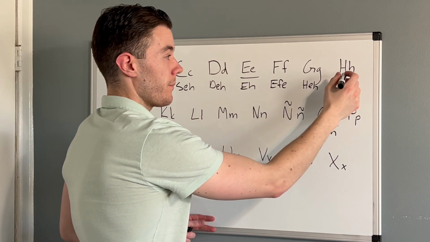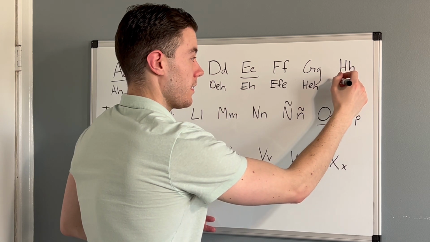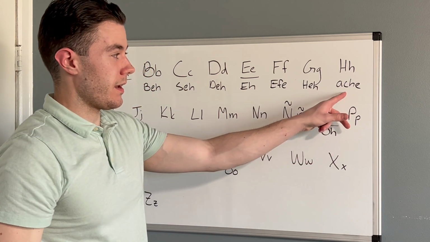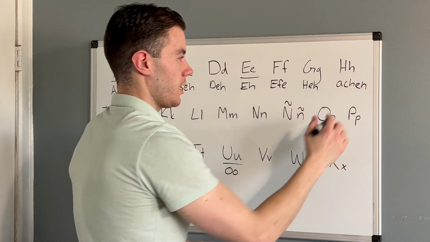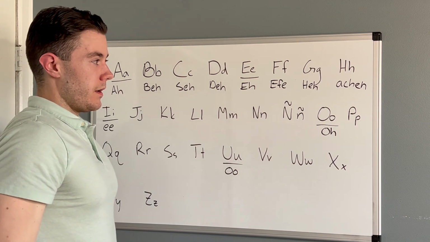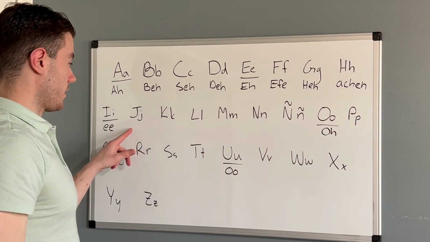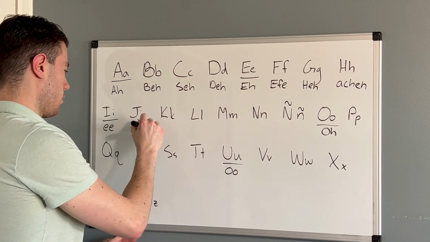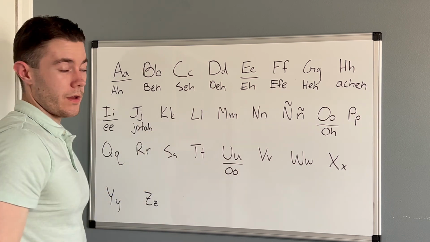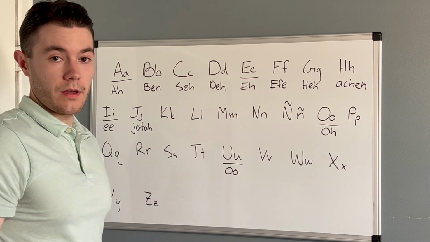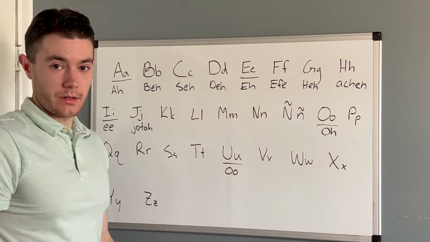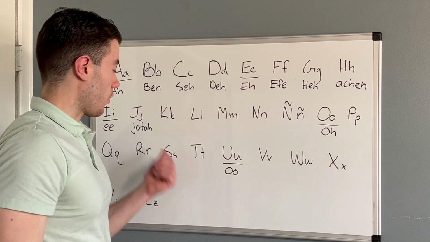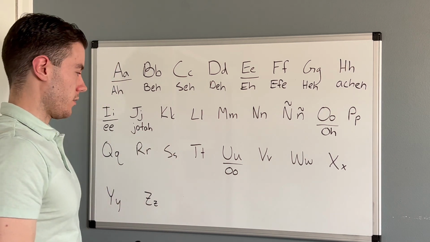English H is ache, not ache. Next up, J is jota. And this letter jota makes the sound like an H would in English. So the sound that H makes in English, J makes in Spanish.